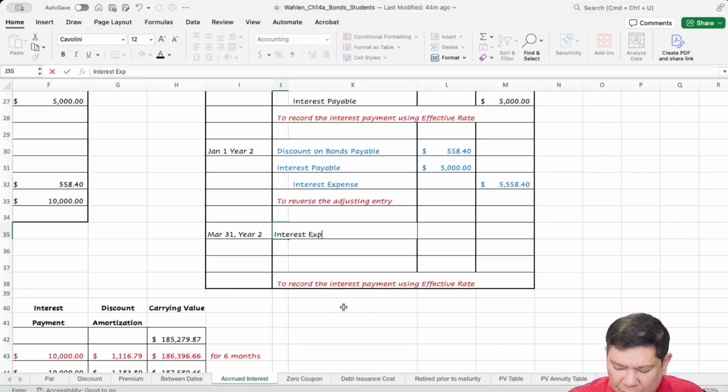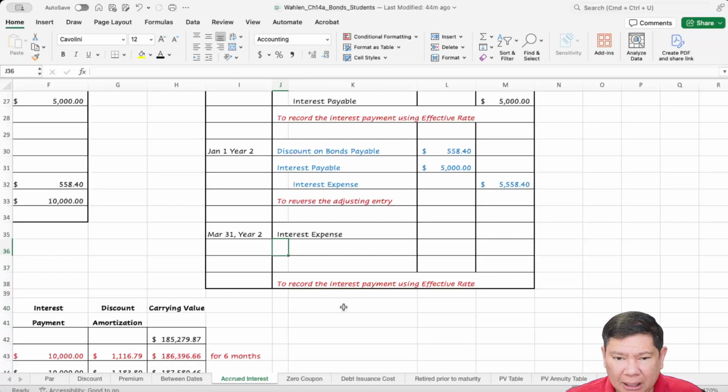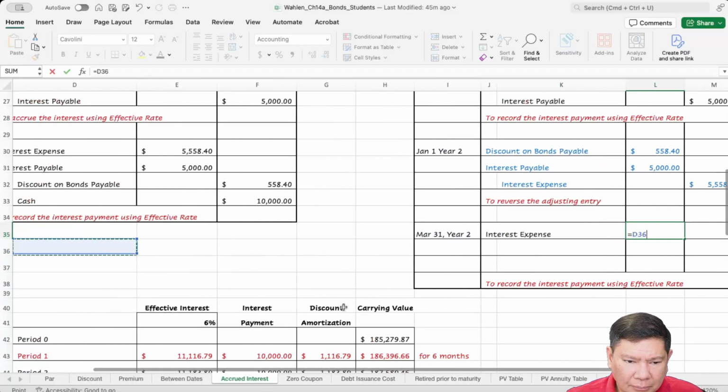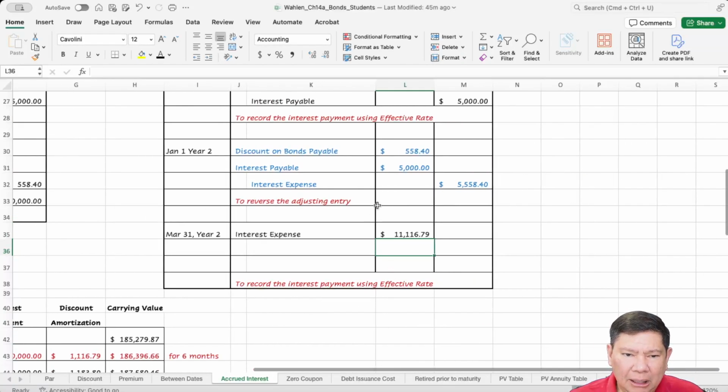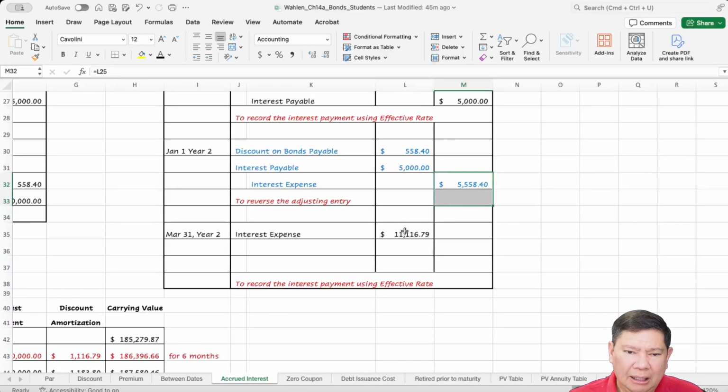Interest expense for the full 6 months. Okay, interest expense, the full 6 months. Just like a regular payment, but you see they're netting off. We recognize interest expense 11,116, but our reversing entry has an interest expense on credit 5,558.40. So if you take the difference there, basically you are recognizing interest expense just for the 3 months.